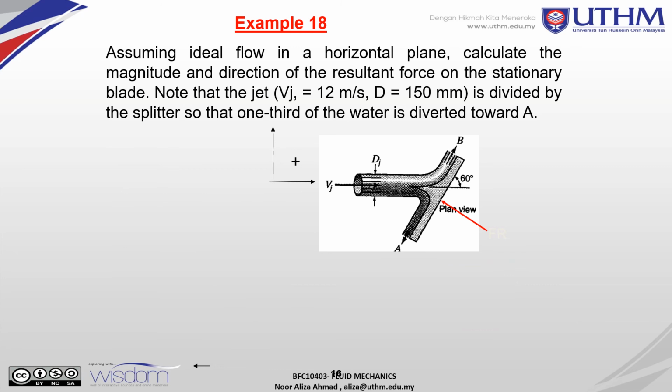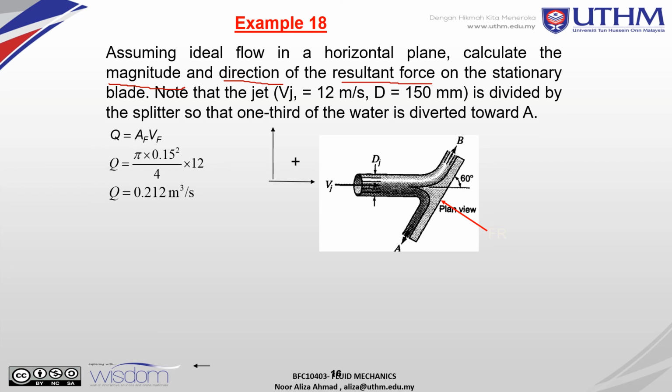Next, look at the horizontal plane. Calculate the magnitude and the direction of the resultant force on the stationary blade. They have the angle here and the flow here.